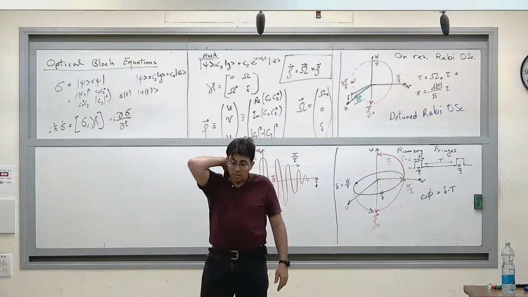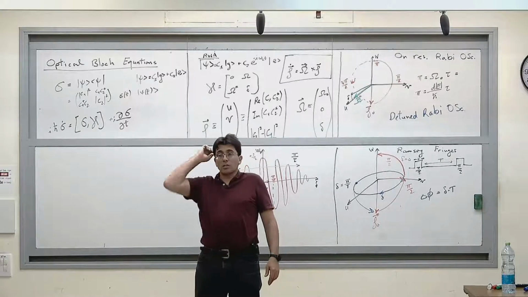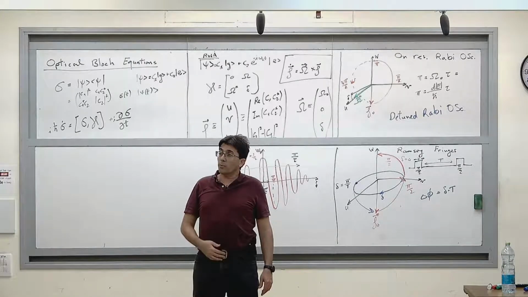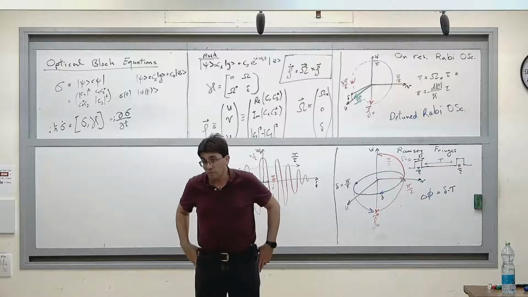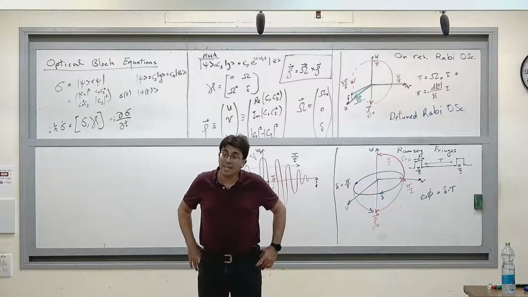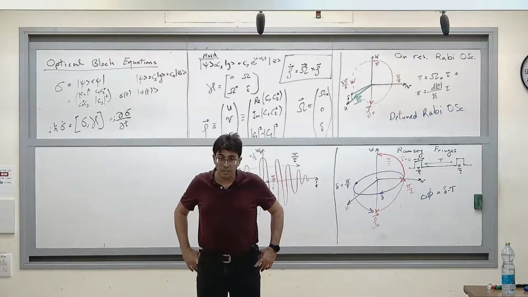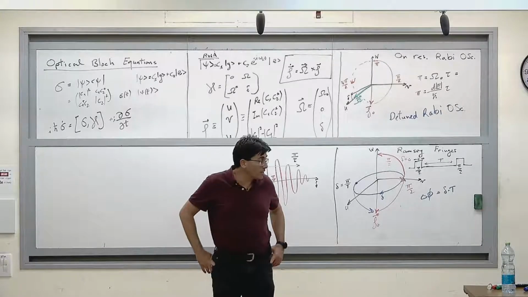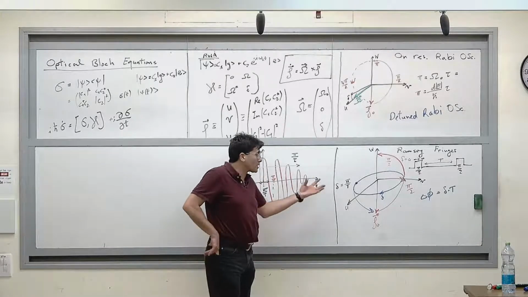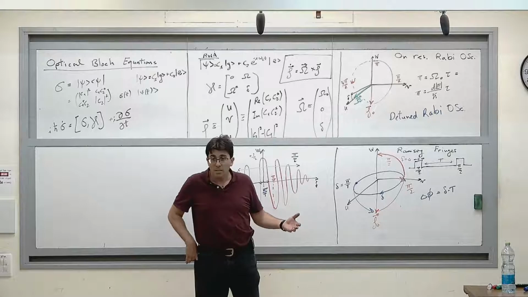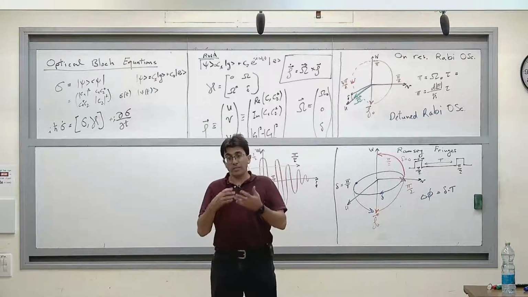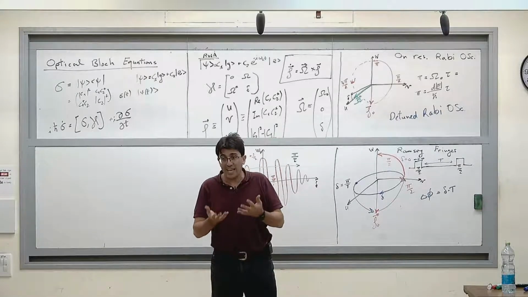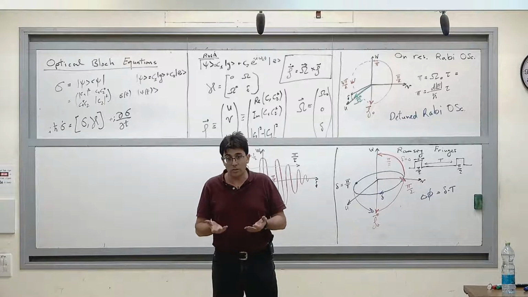And I'll say another thing, and that is that those of you who have heard about the Poincare sphere for polarizations, it's exactly the same thing. And so this dynamics is very common. Why? Well, because polarization is also a two-state, a two-level situation.